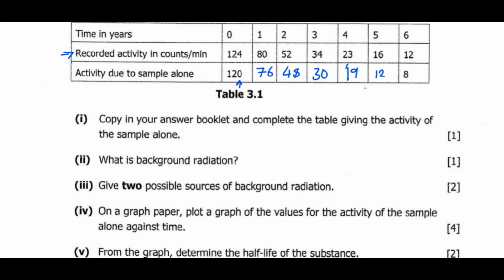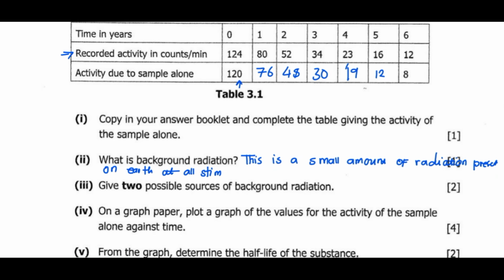Remember number 2, what is background radiation? This can be defined as a small amount of radiation present on Earth at all times.